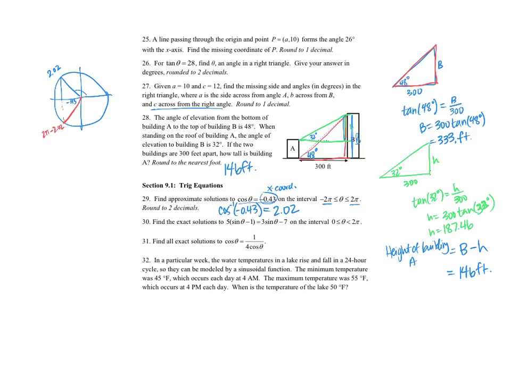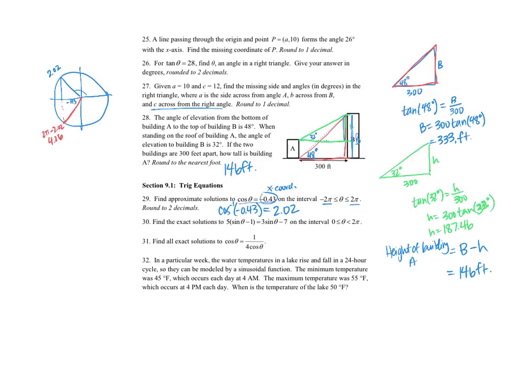Because 2 pi would be all the way around, but then I'm going back 2.02. So if I do 2 pi minus 2.02, I get 4.26. So this is 4.26. Okay. And so I think I'm ready to write them down now.